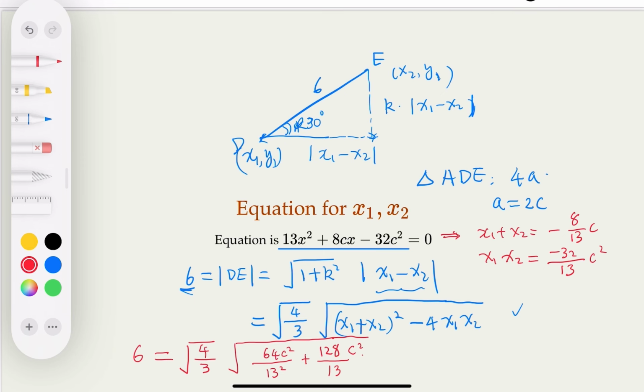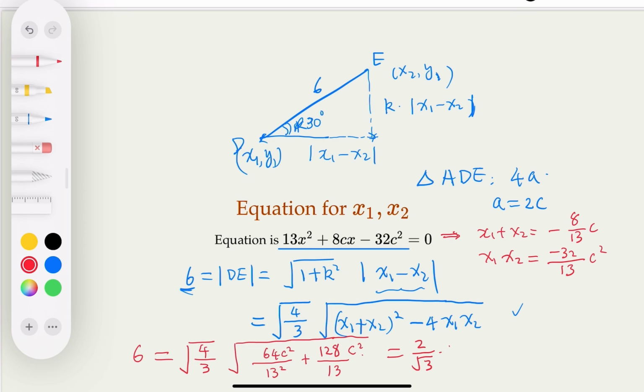So what you have is you can get 64 out of this and c out of this. You get 2 out of the 4. So this is 2 over square root of 3 times 64 c squared.